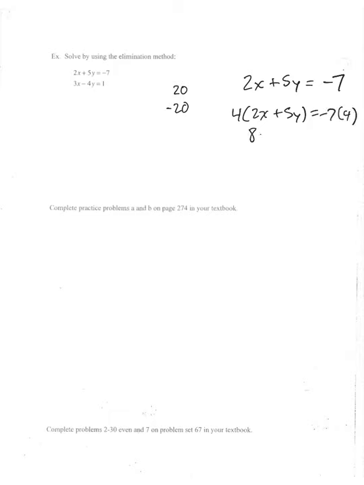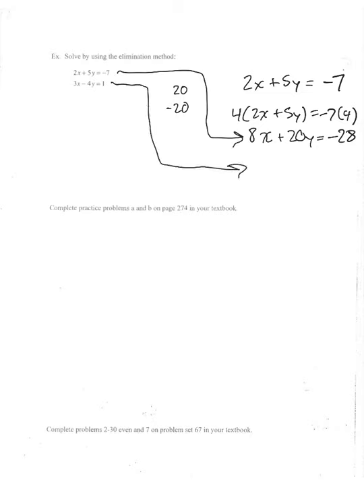So I end up with 8x plus 20y equals negative 28. And voila, there's my equivalent right here. All right, now I just need to do the same thing with the other one. The 3x minus 4y equals 1.